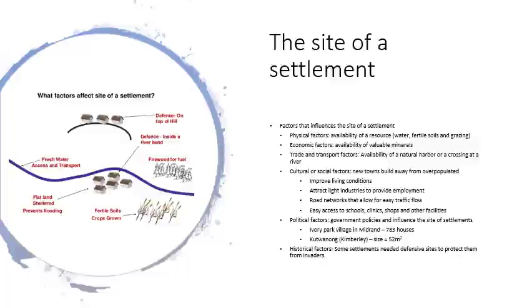But let's go look at which factors affect the site here in the little information diagram. Okay, so what factors affect the site of a settlement? Here we've got fresh water access and transport. How is the river a transport mechanism?